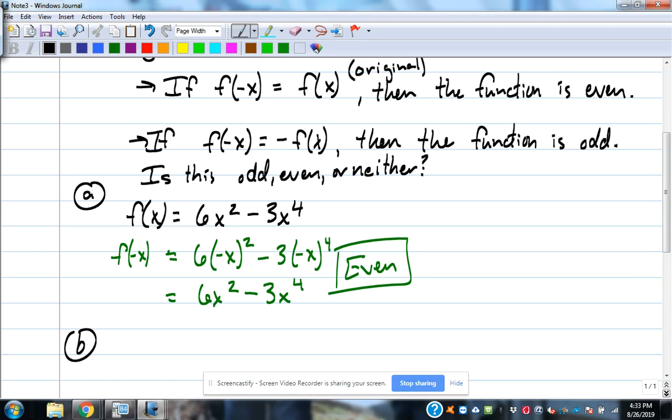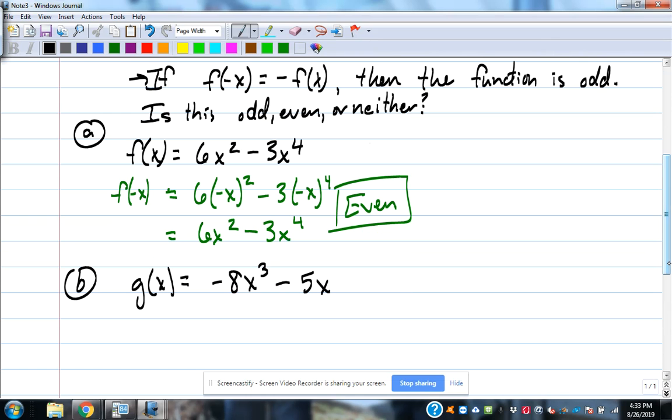In the same vein, if all the exponents are odd, guess what the function is? Odd. Example of that, negative 8x cubed minus 5x. If I plug in negative x to the problem, I get negative 8 times negative x to the third power, and then 5 times negative x.